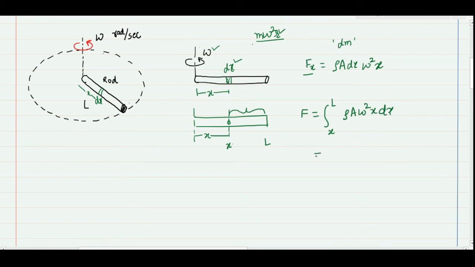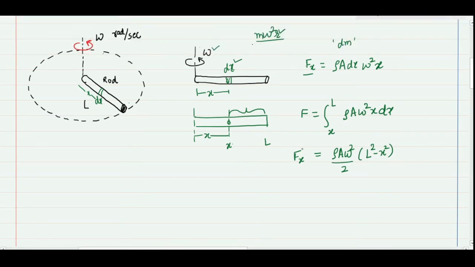When I do this integration, I get the force at any distance x from the axis of rotation, which will be rho A omega square times x square by 2. When I put in these two limits, the formula becomes rho A omega square times (L square minus x square) divided by 2. This is a very important formula.